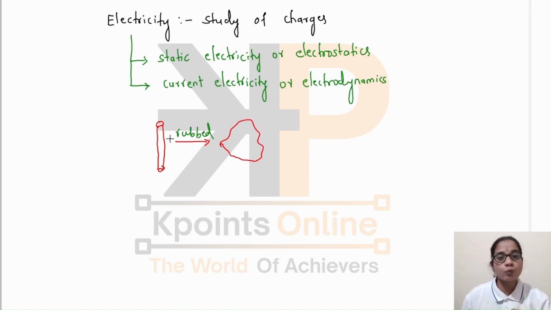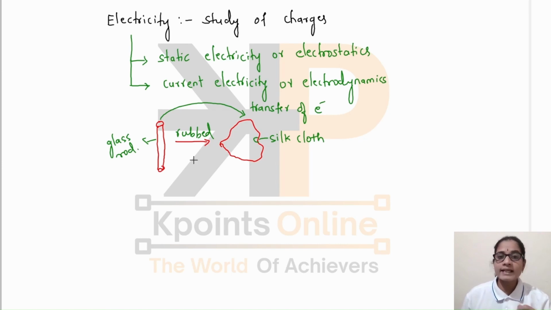Actually, what happened when the glass rod is rubbed with a piece of silk cloth? This is the silk cloth, this is the glass rod. There was a transfer of electrons from the glass rod to the silk cloth. When there is transfer of electrons from glass rod to silk cloth, here there is deficiency of electrons.